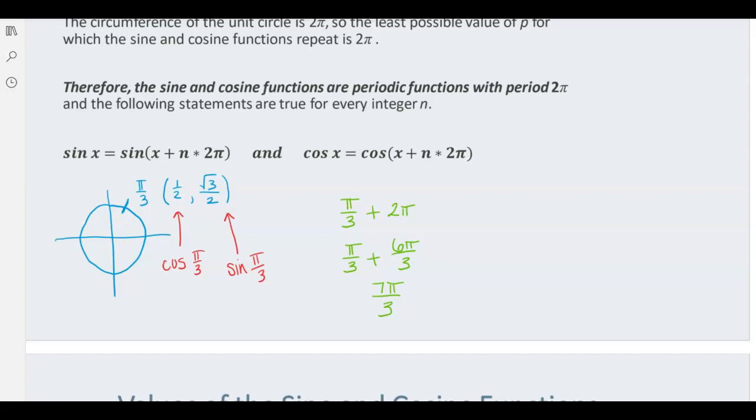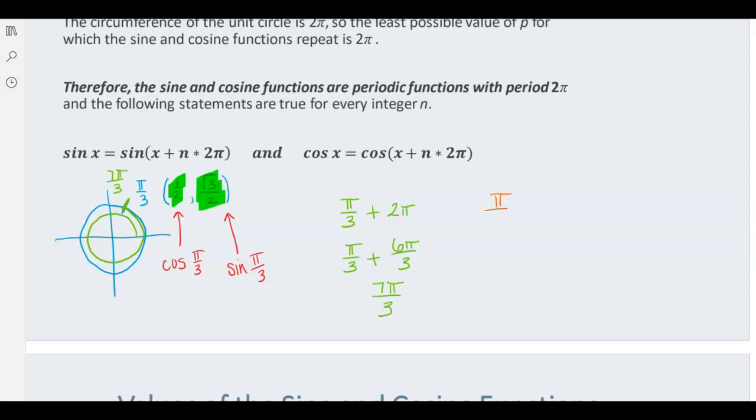That's representing the angle that starts here, goes all the way around the circle, and then ends in this same location. This would be 7 pi over 3. They're in the same location, and so they have the same sine and cosine values. That same thing would happen if I went around the circle twice or 3 times. It would also happen if we went in the opposite direction.